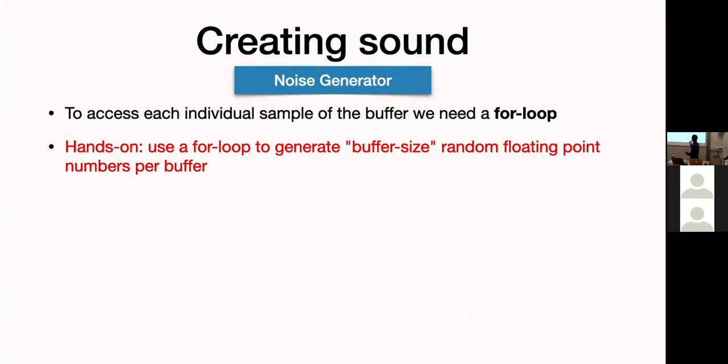You can make a for loop within that channel and generate a buffer size. So however big your buffer is, that amount of random floating point numbers per channel. So you will generate 2 channels of random floating point numbers. So try and do that, and then I'll answer your question.